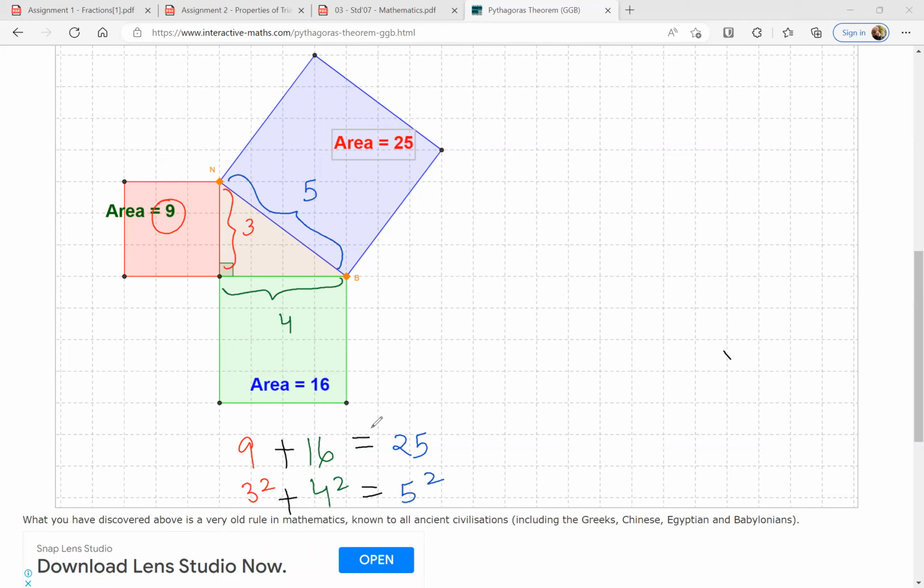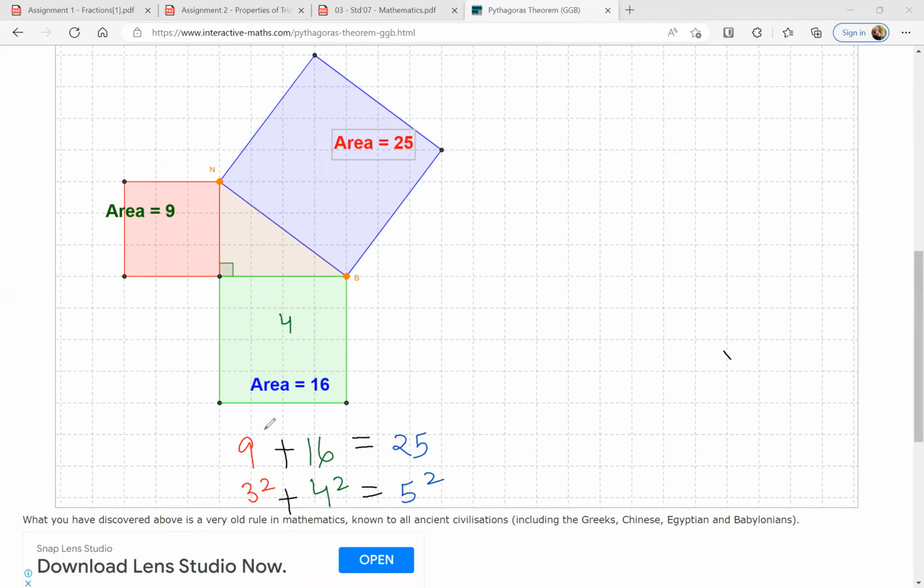So we see that it doesn't matter which kind of triangle, it is only for a right angle triangle. It doesn't matter what the length of the sides is, this formula is always going to be the same.